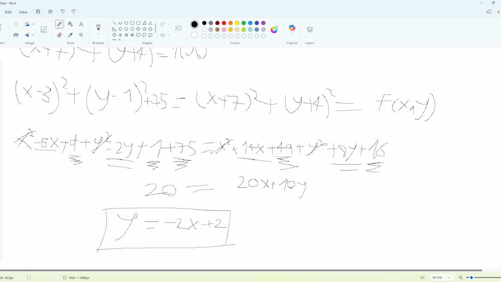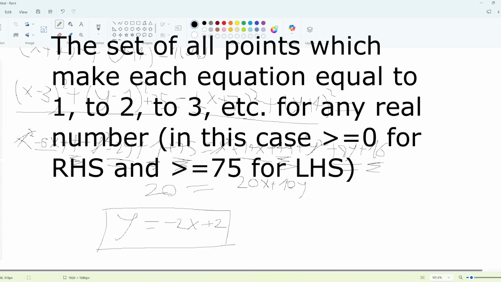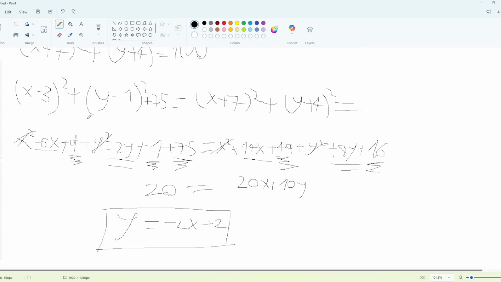So for every point this is going to be a constant which might change depending on the point, that's going to be equal to both of them. So if I split them into sets of constants, all of the solutions equal to this constant, all of the solutions equal to this constant, and then I take all of these intersections, then I get a line.